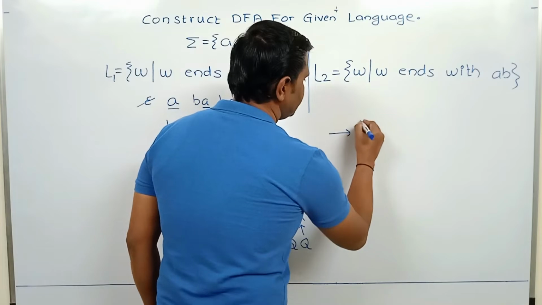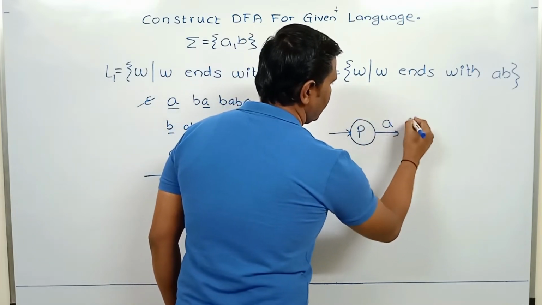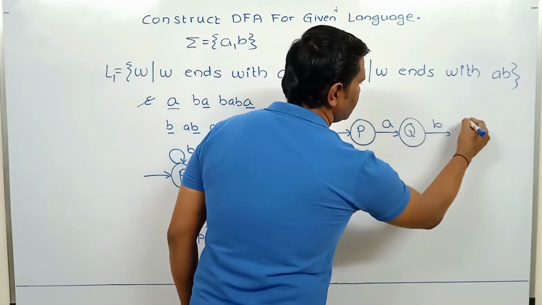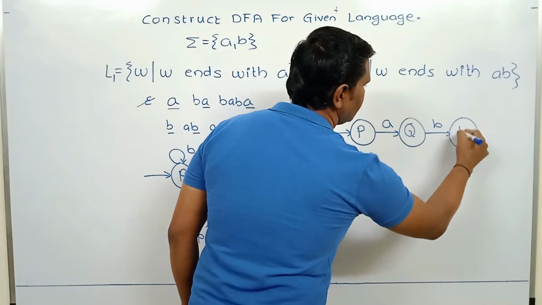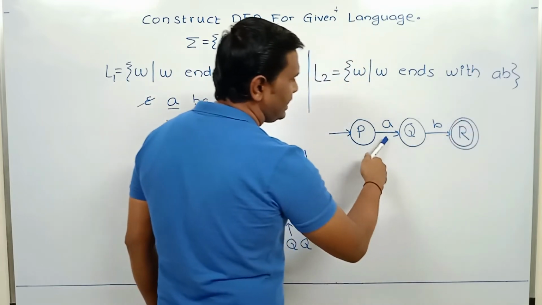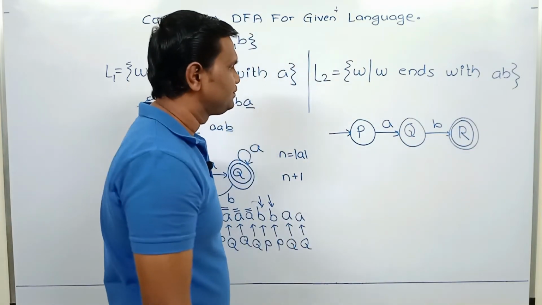So first we draw the basic part of the DFA. On A, go to Q. On B, go to final state R. So whenever we find the last two symbols as AB, we should reach final state R.